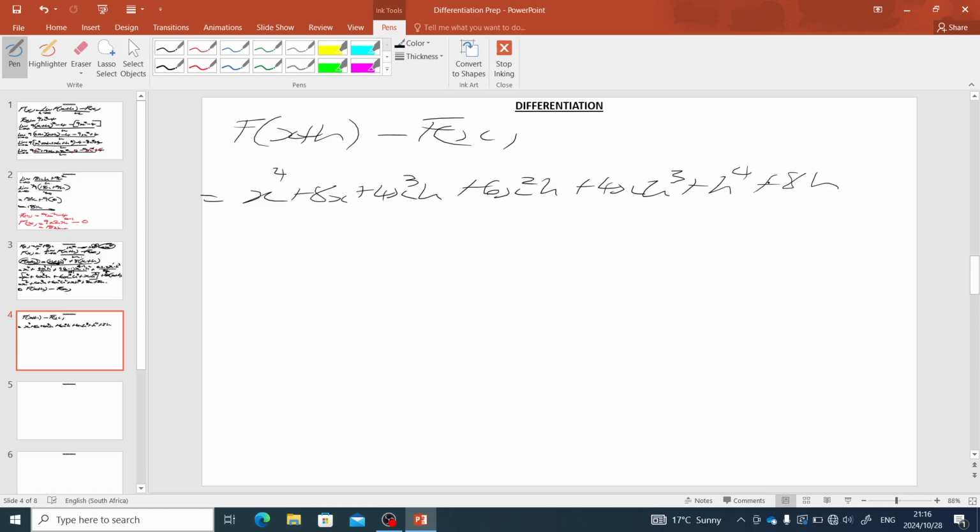All right, this is what we have here, because I've already rearranged it. Don't ask where's the 8. There it is, the 8x. I've just rearranged it.